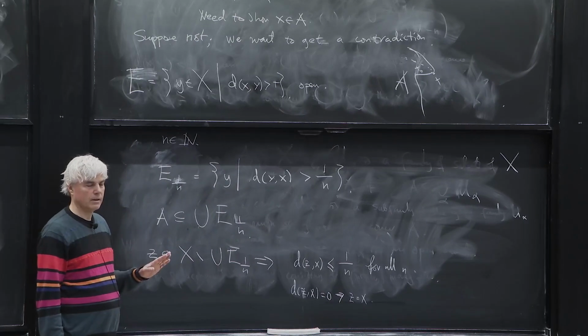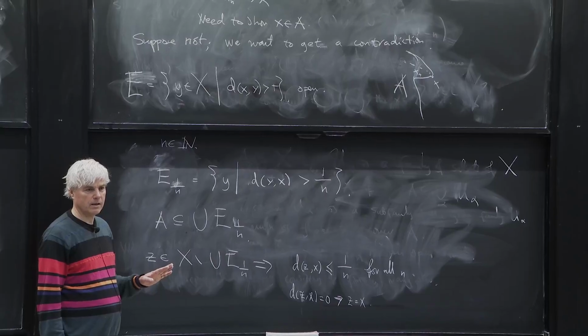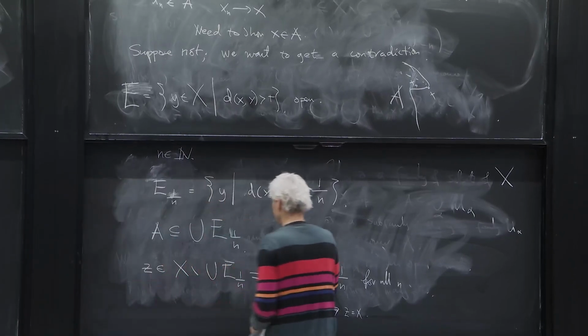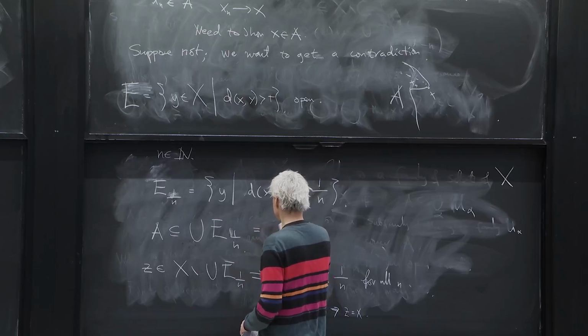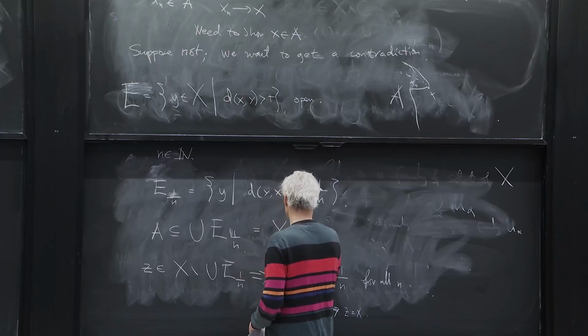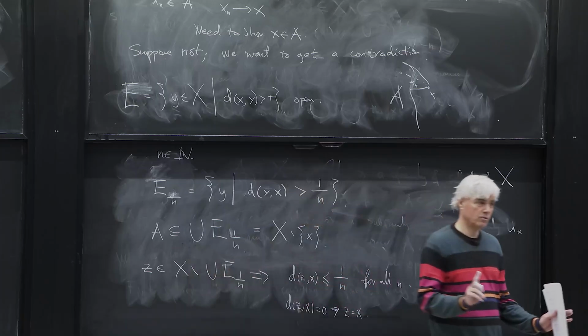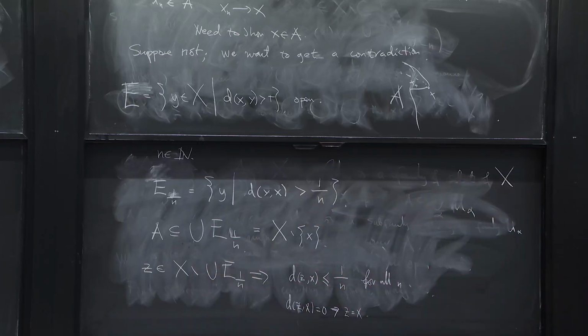But you are assuming that x was not in your set A, right? We have proved now that the union covers everything but x. So in particular, it covers A, because we're assuming that little x was not in A.